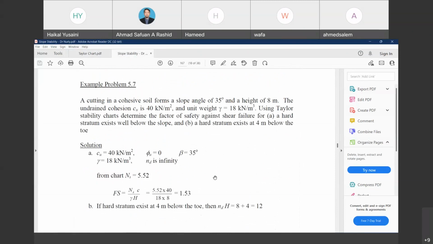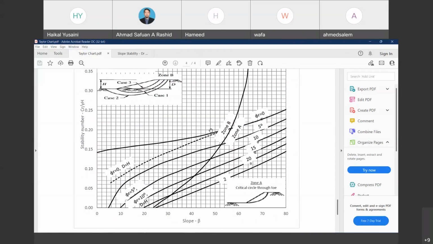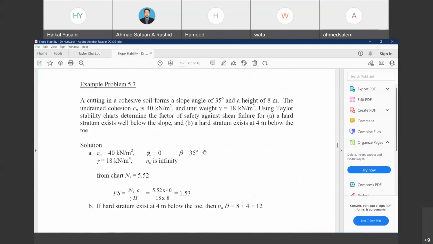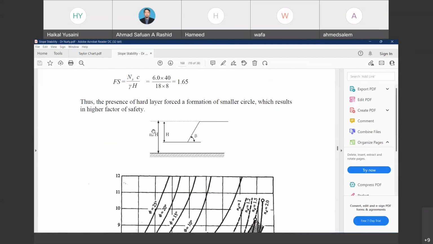Most probably there are several design charts proposed by Taylor. The first, from Dr. Kamarudin, we may use the procedure where we identify the FSC, SFE, and then get the FSC. But for this case, it is straightforward. By using this Taylor design chart, a hard stratum exists well below the slope. So that is the condition.